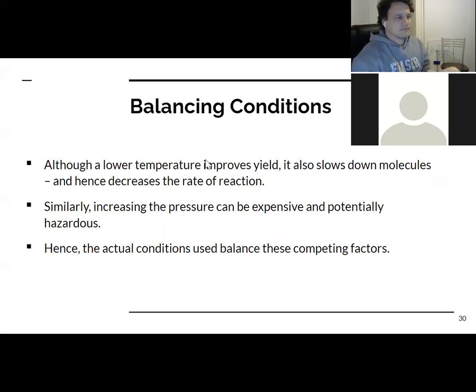So, balancing conditions. We have to have a balance of temperature and pressure. We can't just exponentially increase the pressure and lower the temperature. In reality, it doesn't work.